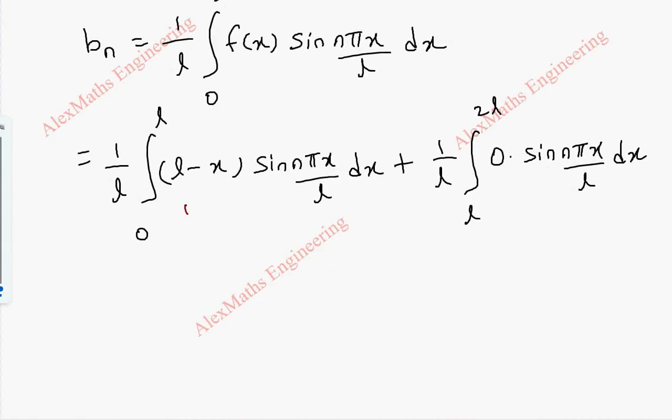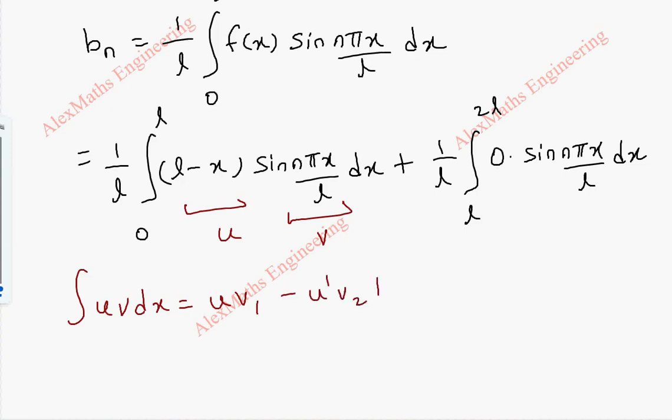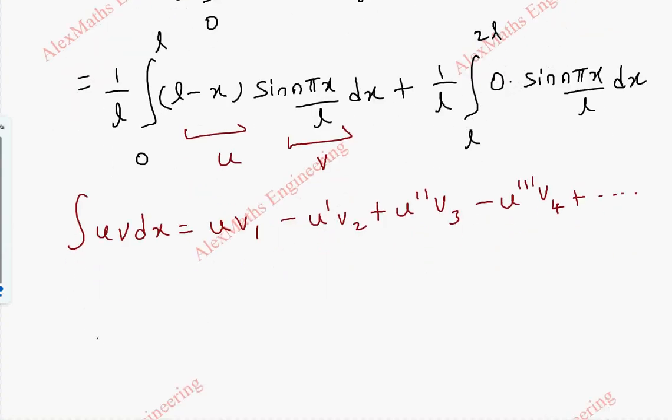We are going to use Bernoulli's formula. This is u and this is v. Integral uv dx will be u v1 minus u dash v2 plus u double dash v3 minus u triple dash v4 plus dot dot dot. So using this formula, we are going to continue finding bn, which is 1 by L outside, u v1.